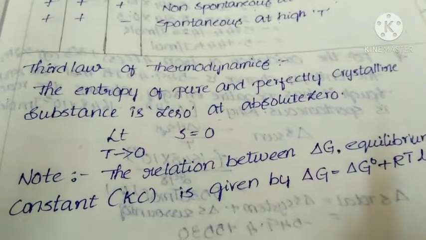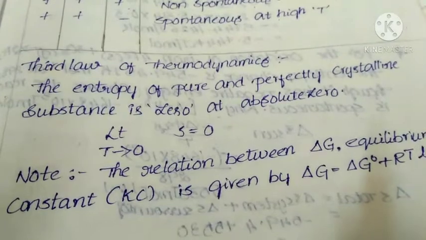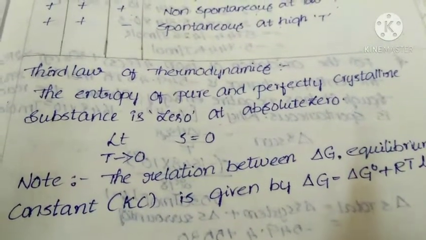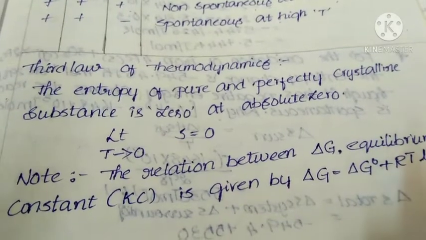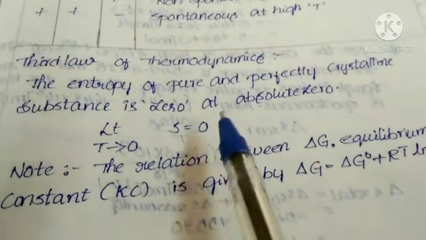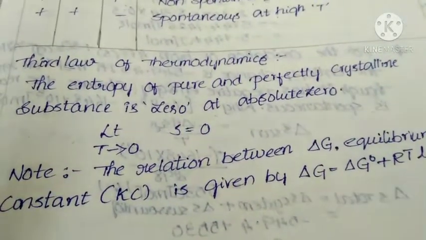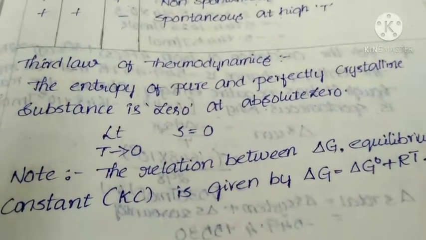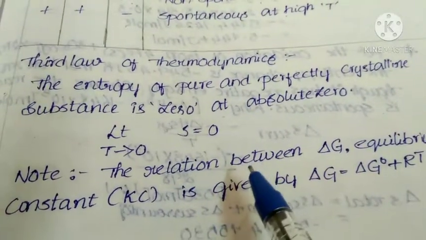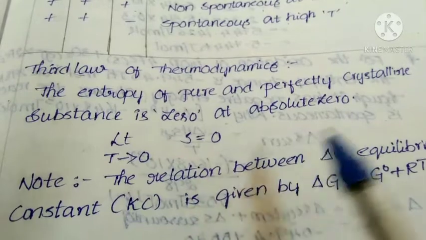When the attractions are high, there is no movement of particles in the solid state. If there is no movement of particles, then their entropy will be zero. So at absolute zero, there is no chance of movement of any particles in the solid state, so its entropy will be zero. That is the statement given by the third law of thermodynamics.